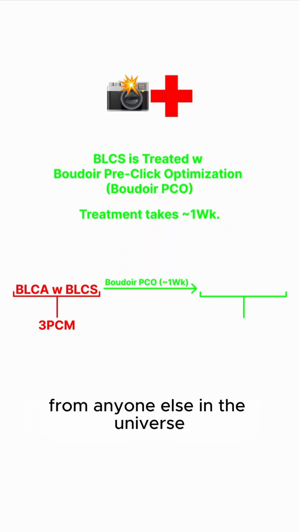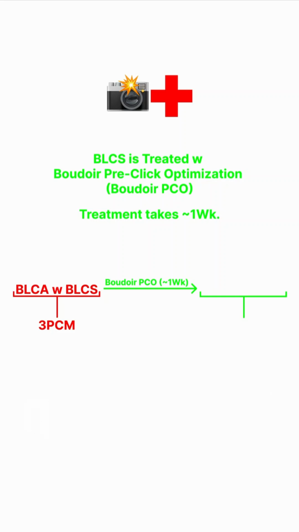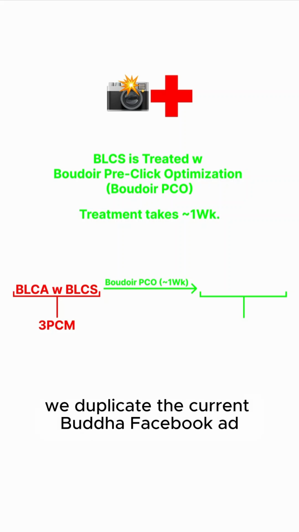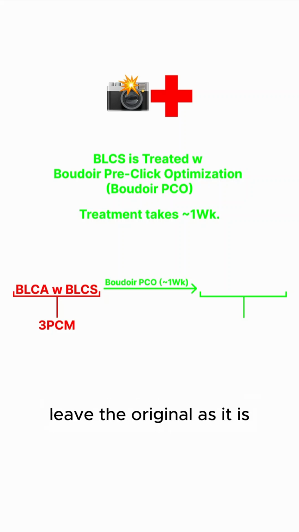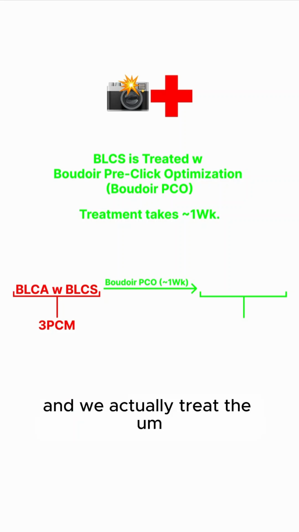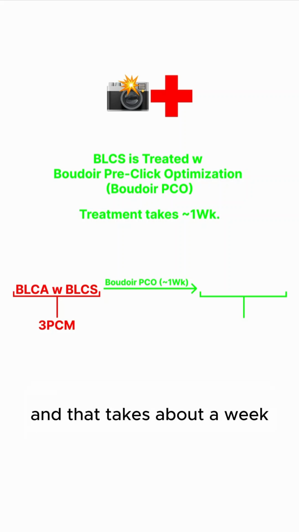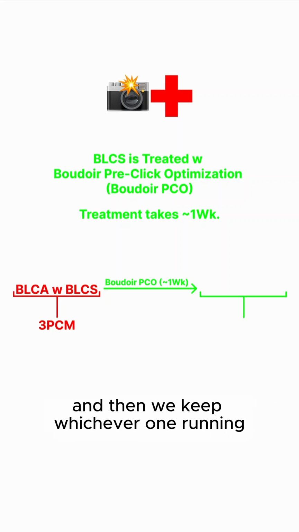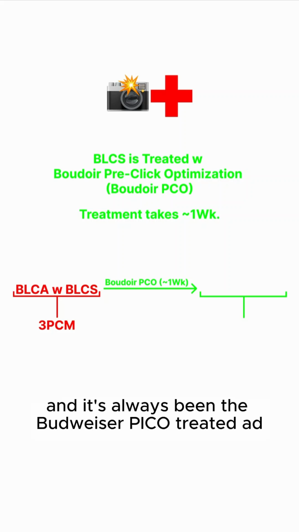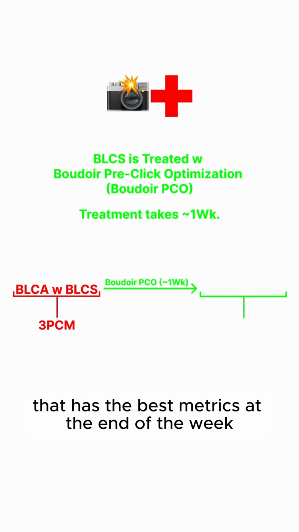Can't get this anywhere else from anyone else in the universe. And what we do is we duplicate the current boudoir Facebook ad, leave the original as it is, and we actually treat the duplicated boudoir Facebook ad, and that takes about a week, and then we keep whichever one has the best metrics running. And it's always been the boudoir Pico treated ad that has the best metrics at the end of a week.